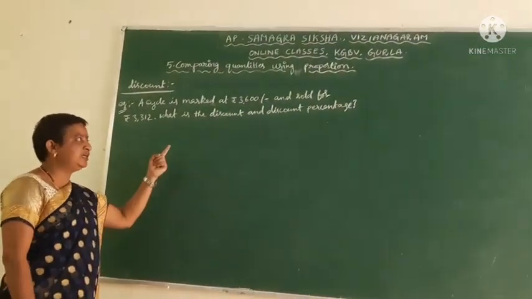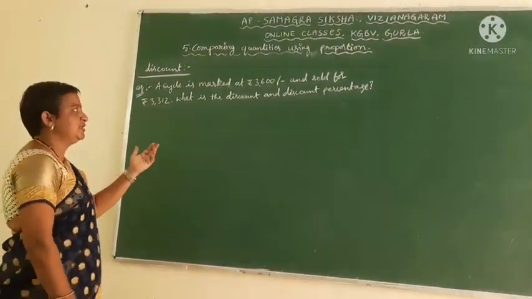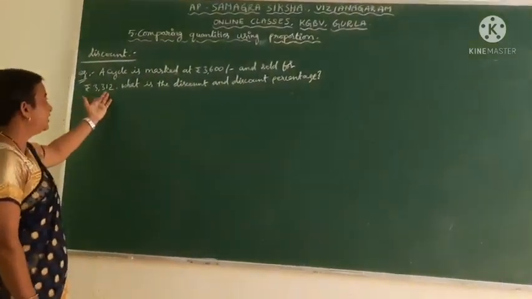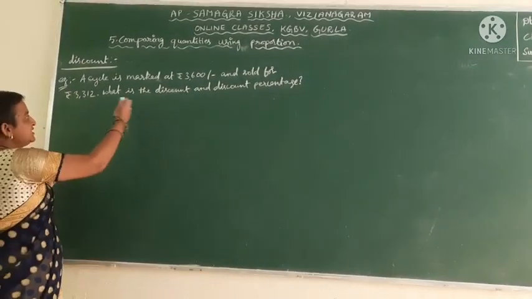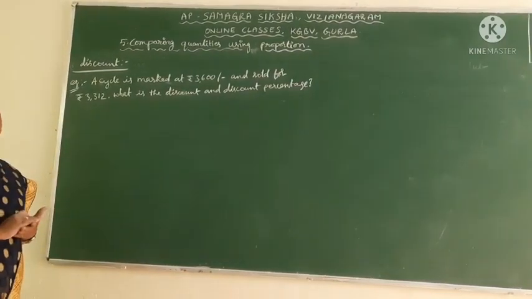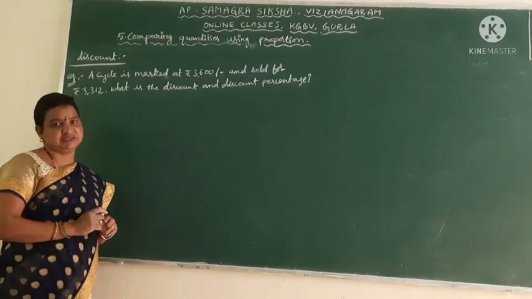Here we need to find the discount and discount percentage. Market price is 3,600. He sold it for rupees 3,312. That means he decreases some amount from the market price. That is called the discount. And we also have to find the discount percentage.